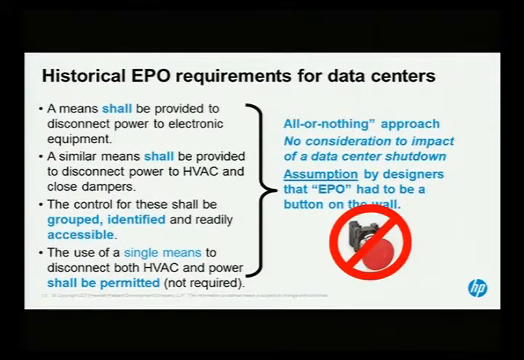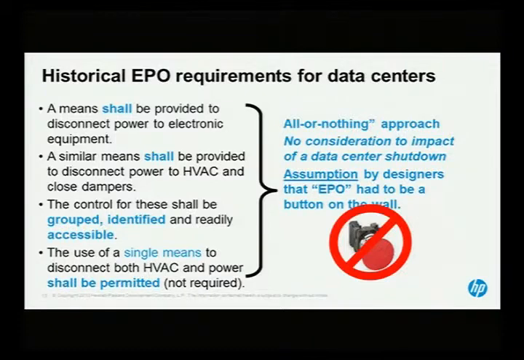All right, this one I have to read to you because it's really important. This is what the code actually says. A means shall be provided to disconnect power to electronic equipment. That's straight out of the code book. A similar means shall be provided to disconnect power to HVAC and close dampers. So in other words, you shut the airflow down.